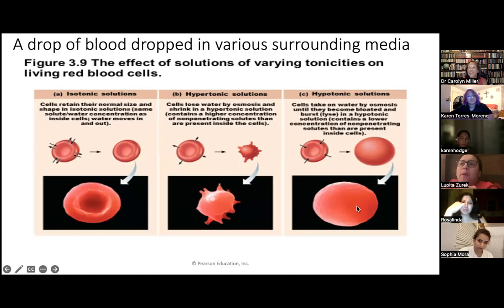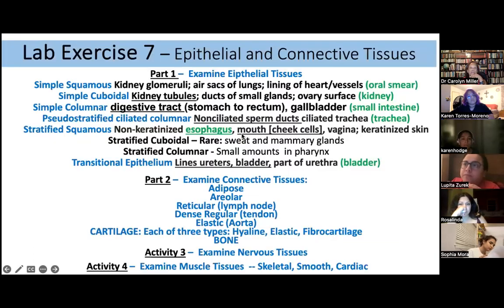If the cell is swelling, lots of water is going in and it's about to burst, that would be a hypotonic solution. And then isotonic, the red blood cells look like themselves, they don't change. So the question, that's why I said no isotonic, hypertonic, and hypotonic. So I would just use a picture like this, cover the words and say, what type of solution are the cells in A, B, or C placed in?